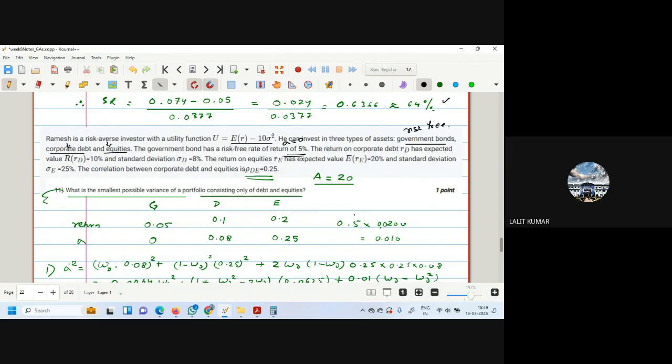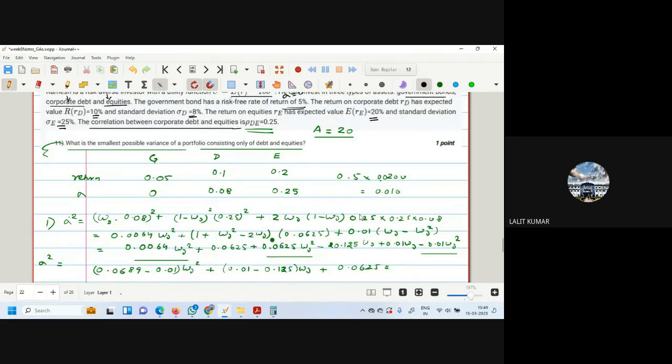Corporate debt has an expected return of 10% and standard deviation of 8%. Equities has 20% return and sigma of 25%. They have given the correlation between corporate debt and equity, rho DE, equal to 0.25. So what is the smallest possible variance of a portfolio consisting only of debt and equity?